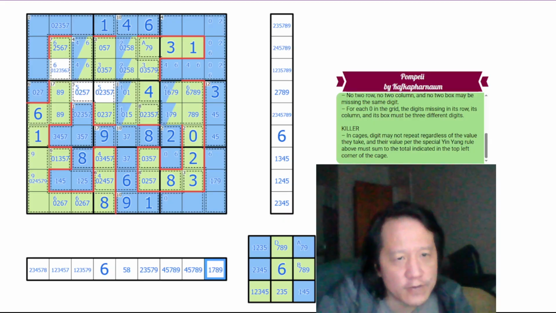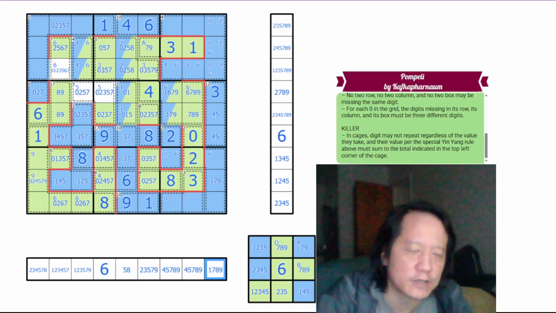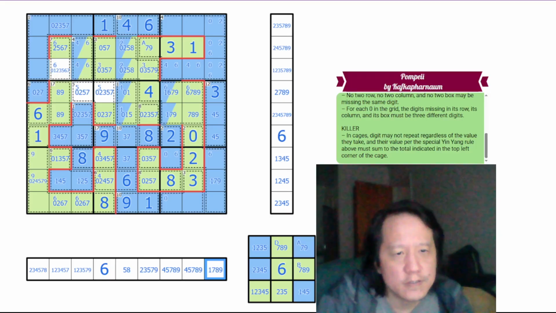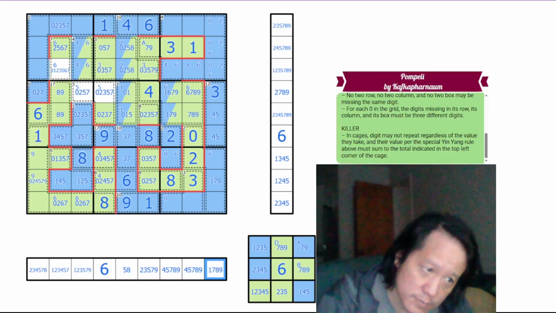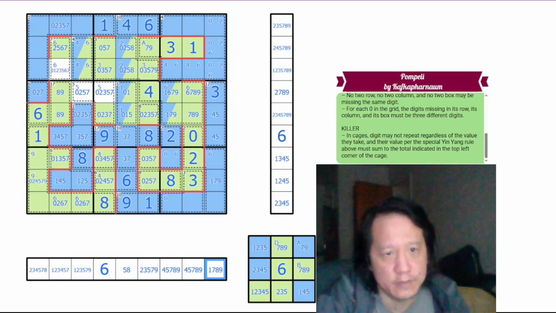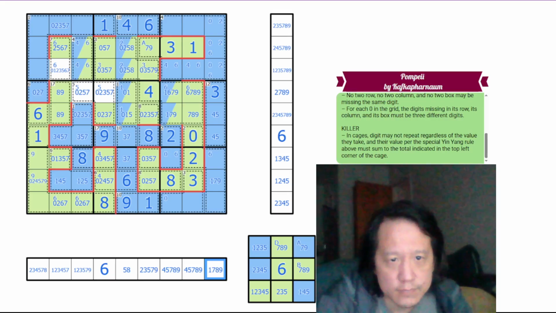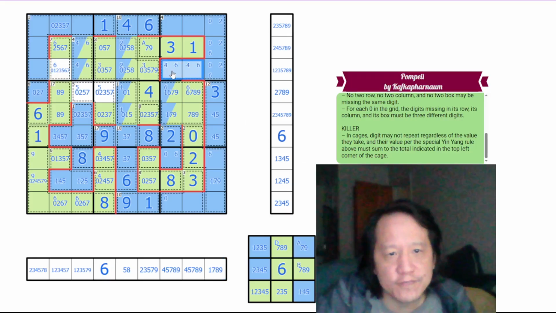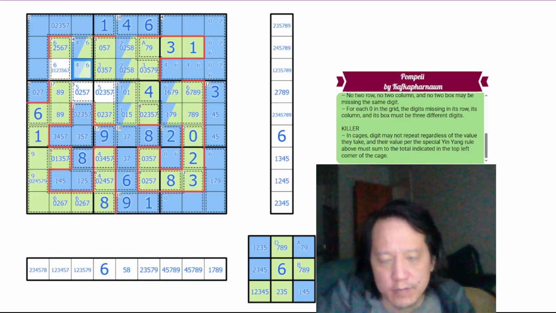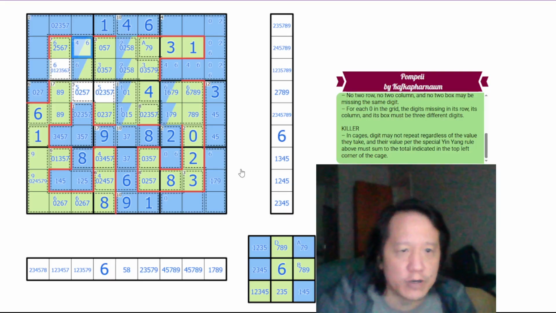I'm trying to figure out the disambiguation here. I don't know if we have very much of it. Oh, this is a 4 here. So this cannot be 4 here. Okay, there we go. Where is the 4 in this cage to add up to 4?